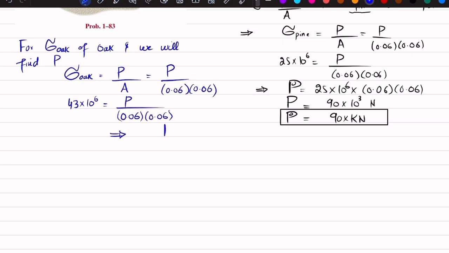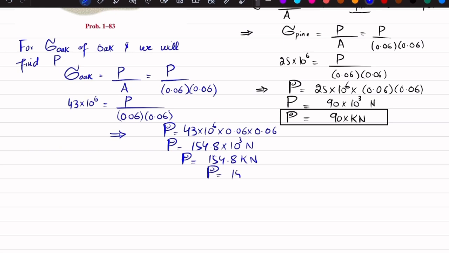From here, P will be equal to 43 into 10 to the power 6 multiplied by 0.06 multiplied by 0.06. When you calculate it, it will be equal to 154.8 into 10 to the power 3 Newton, or 154.8 kilonewton. You can round it off, so P will be equal to 155 kilonewton.